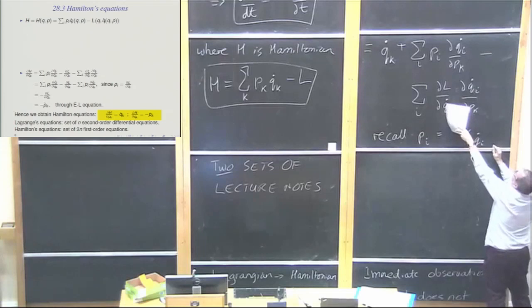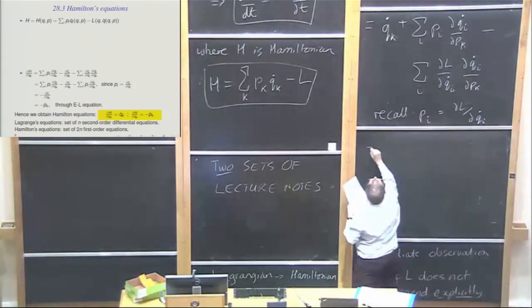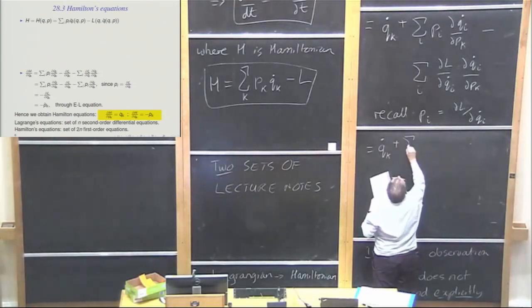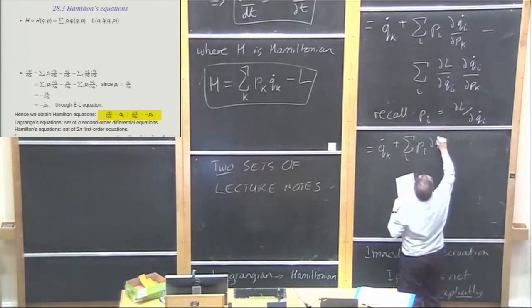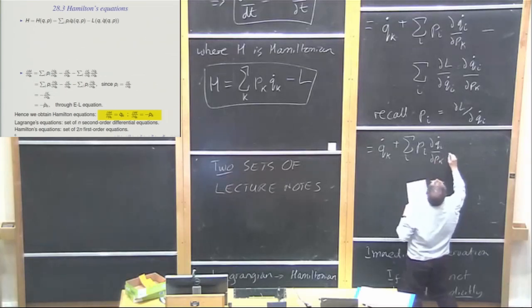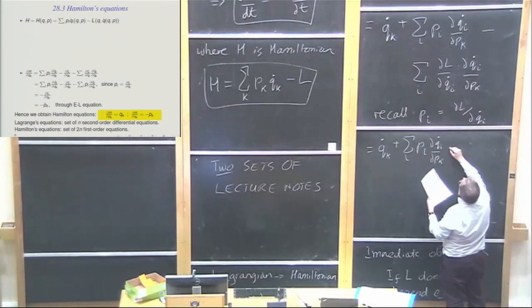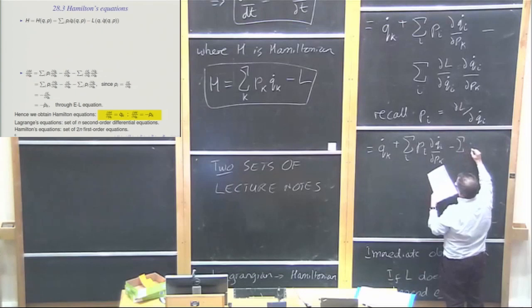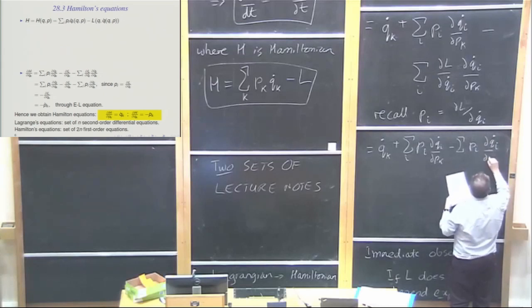So that means we can write that term more simply. So we end up with q_k dot plus, again I'm keeping the first terms unchanged, but the last term becomes minus the sum over p_i dq_i dot by dp_k.